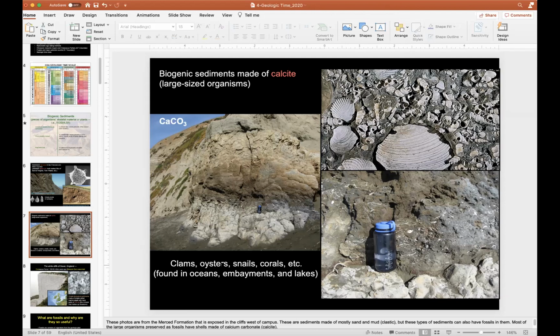So there are clams, oysters, snails, those are gastropods, corals. So these are things that can be found in oceans or embayments like the San Francisco Bay, sometimes lakes. These are made up of mostly calcium carbonate, just like I was talking about the chalk.